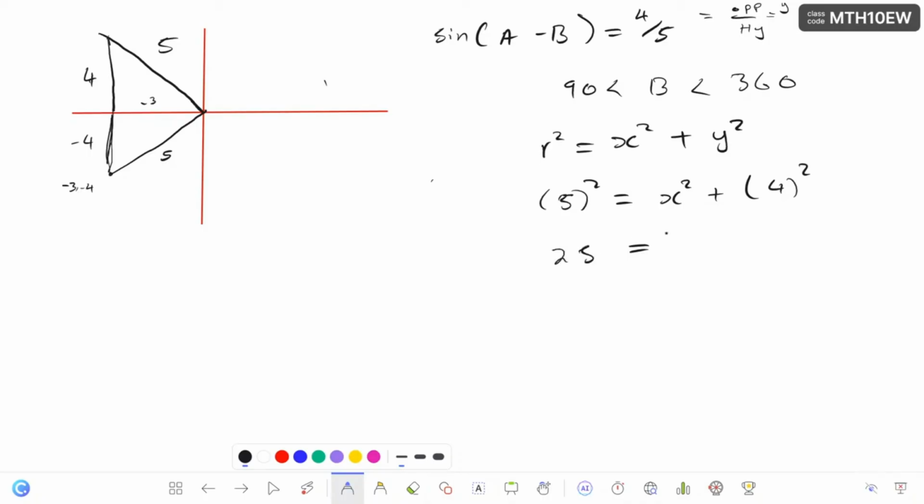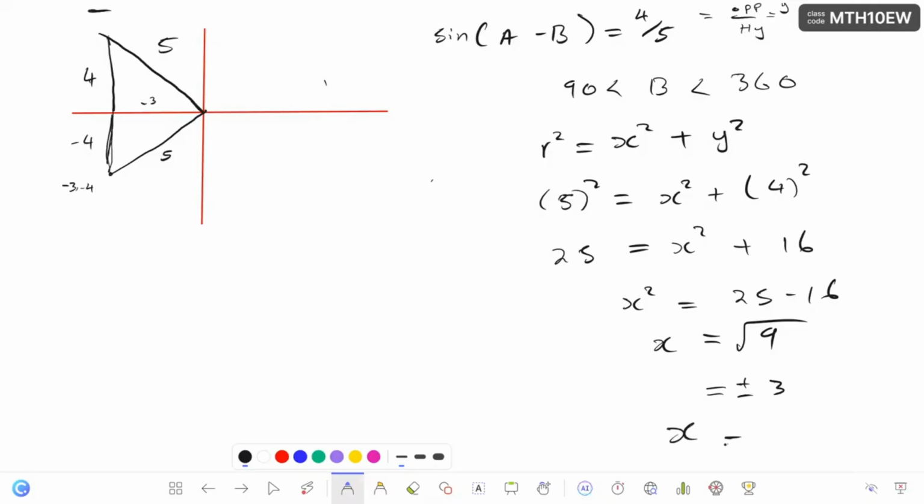So here is 25 equals x squared plus 16. So x squared is equal to 25 minus 16, which is equal to 9. The square root of 9 gives negative or positive 3. But we need to decide, since this side is negative, our x is going to be negative.